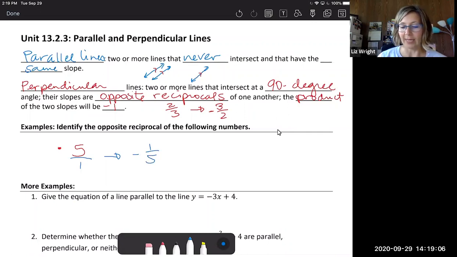How about if we had like 4/7, so -4/7, and you want the opposite reciprocal. So that means it's going to be positive, and then it'll be 7/4. And so these two slopes, like -4/7 and 7/4, would be slopes that could represent two perpendicular lines, or lines that are perpendicular to one another.